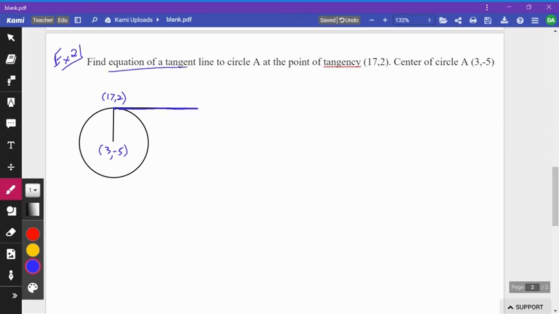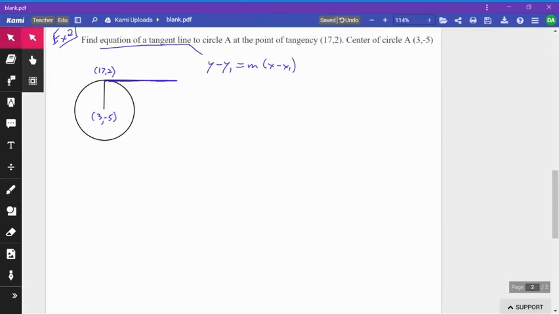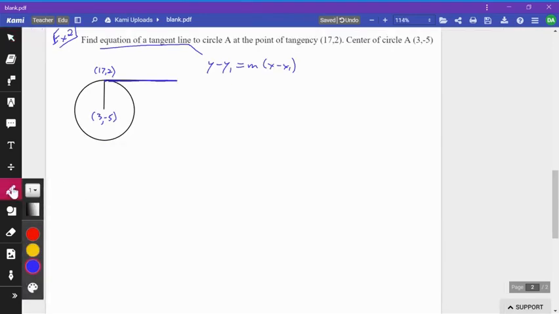So the equation of a line, remember, is y - y1 = m(x - x1). And I need two things for that line. I need a point and I need a slope. That point is going to be (x1, y1), and the slope is going to be m.